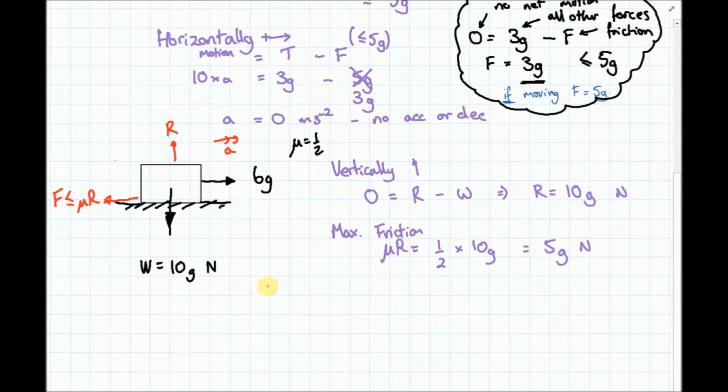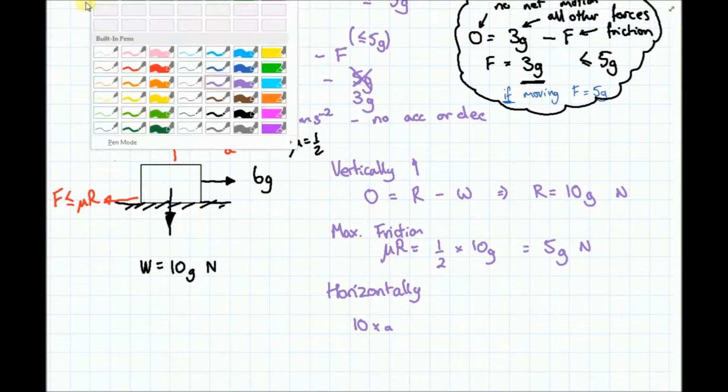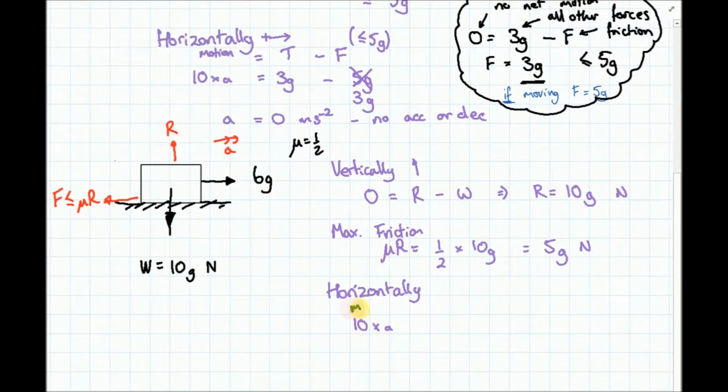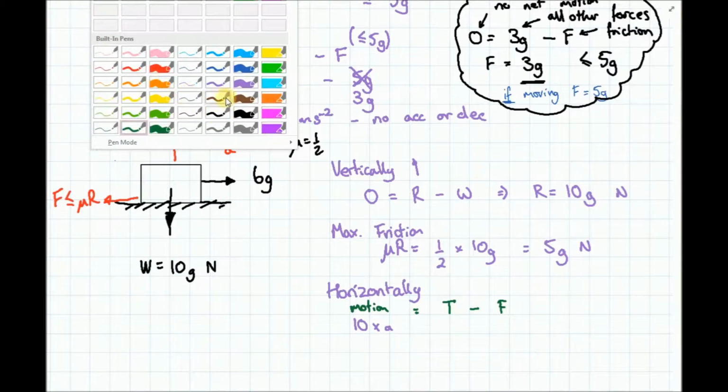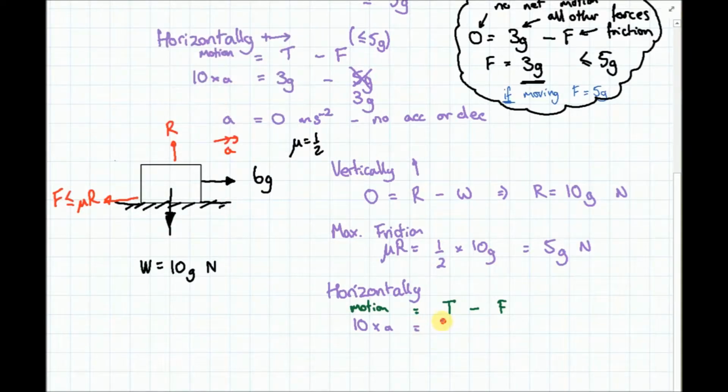So to create our horizontal motion, what can happen is we'll put in our blocks and we'll put in the acceleration, the weight, multiplied by A. That's my motion equation. So motion equals thrust in the positive direction minus the friction. So thrust is 6G.